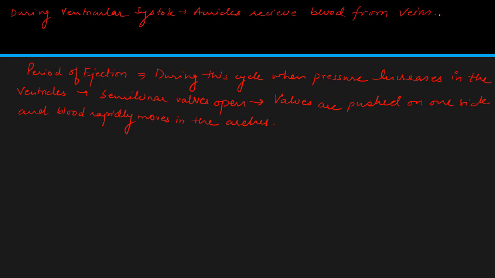Okay. Then comes the ventricular diastole. Ventricular diastole is 0.5 second. Ventricular systole is 0.3 second.